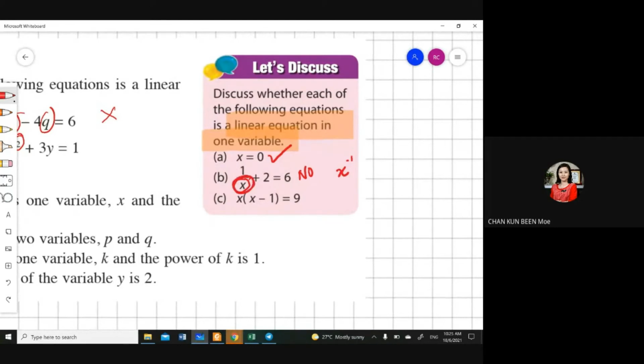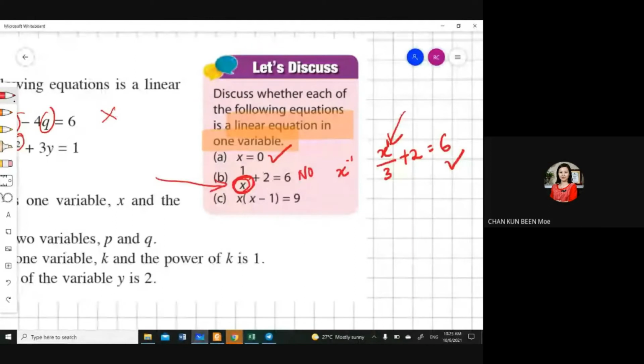Unless they write x over 3 or any other number plus 2 equal to 6, with x as the numerator, then yes, it is a linear equation because the power of the x is 1. So you bear in mind, the variable cannot be at the denominator.